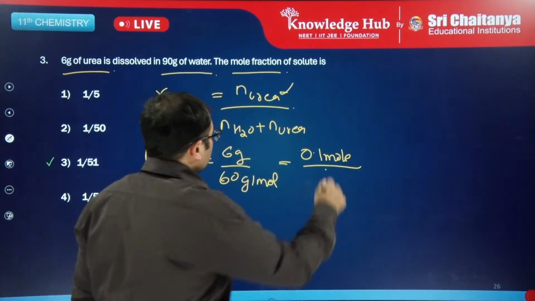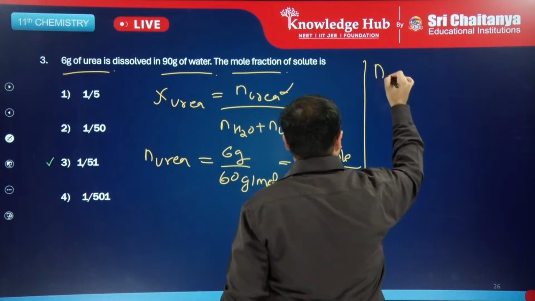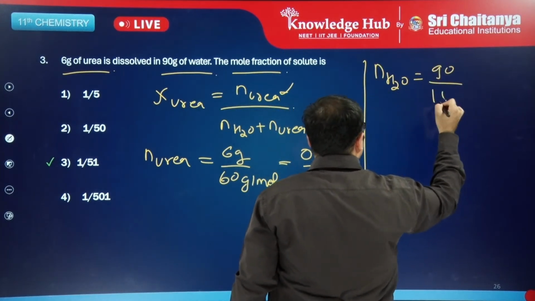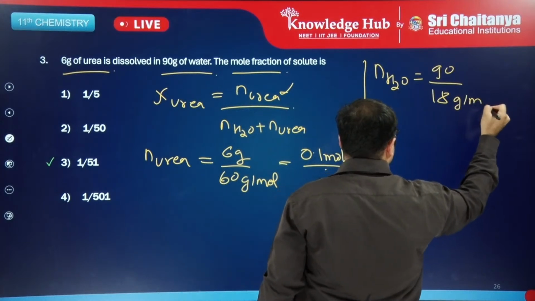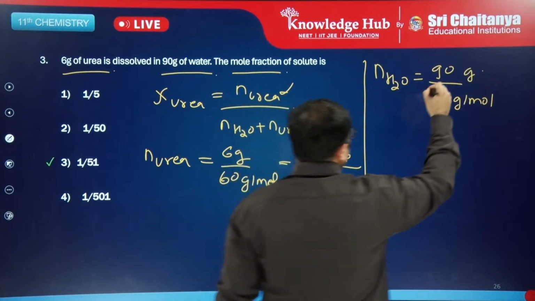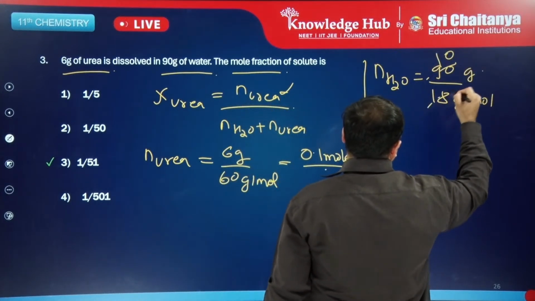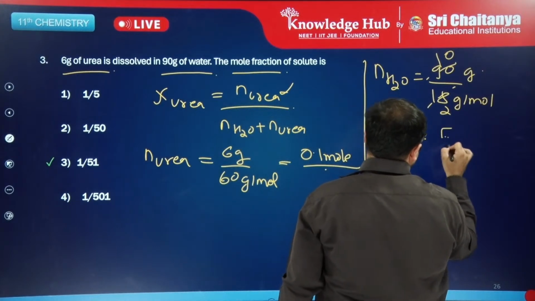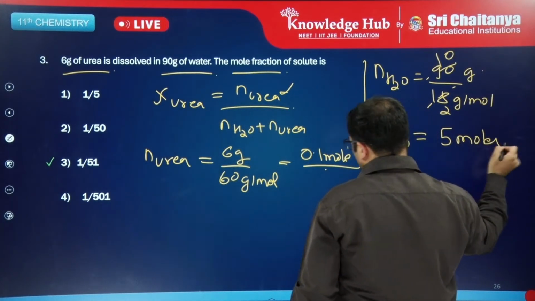90 grams of water. So what is the moles of water? Molar mass of water, right? Moles of water is 5 moles.